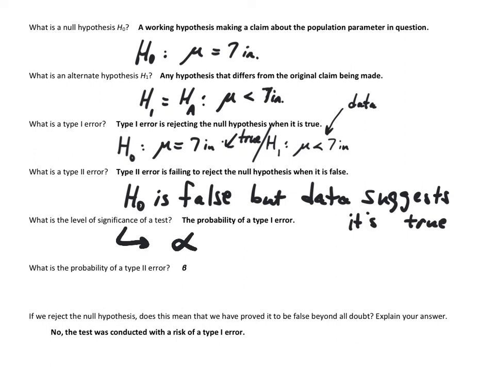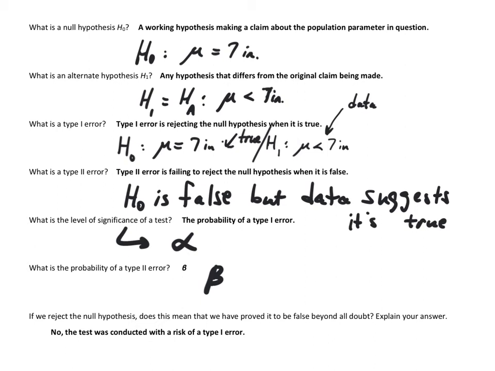The alpha level, you will see that in every problem. That's what you're comparing your sample data to. Type 2 errors are denoted with a beta. Let me write that just a little bit larger. So alpha is the probability of a type 1 error. Beta is the probability of a type 2 error.